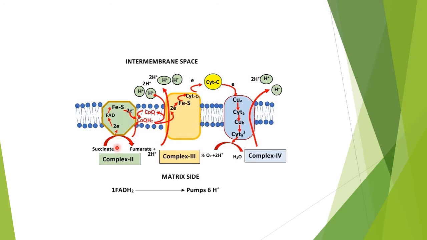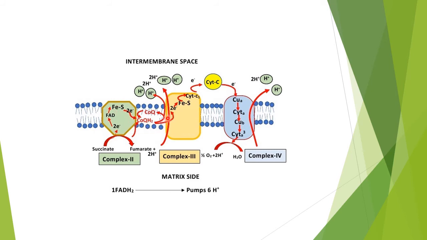We have seen here that succinate forms fumarate, it gives protons, and then FADH2 is produced there, that is fed to FAD, and electrons will be passed on to the iron sulfur protein, and from there to the quinone pool. So no translocation takes place here. No pumping of protons when the FADH2 is fed to the electron transport chain.